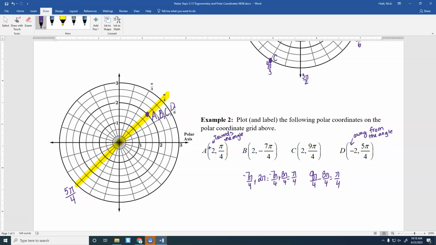So, polar coordinates are going to be a lot different than rectangular coordinates. Rectangular coordinates only have one way that you can define a point. So, you can only say that this point is at 2, 3. There's no other way to say it. But polar coordinates have an infinite number of ways that you can give that same value.